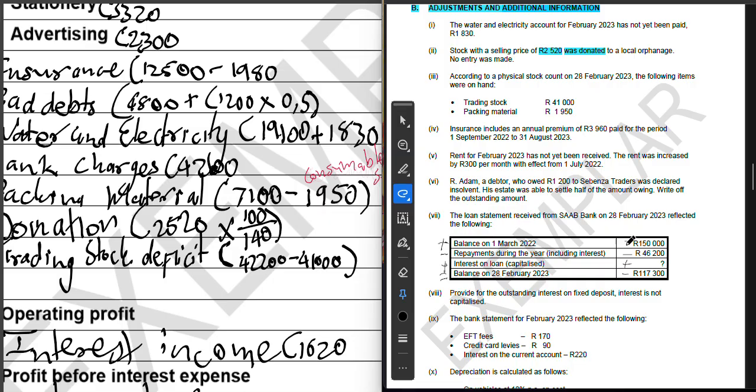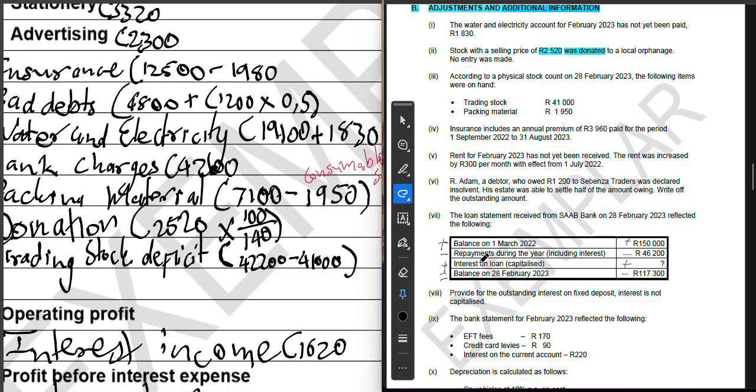Now, since we've got the lines and the signs in, let us understand what's happening. Because a loan is a liability, when we have a balance it is a positive, so it increases our liabilities. When you do a repayment, it's a negative because it decreases our liability.